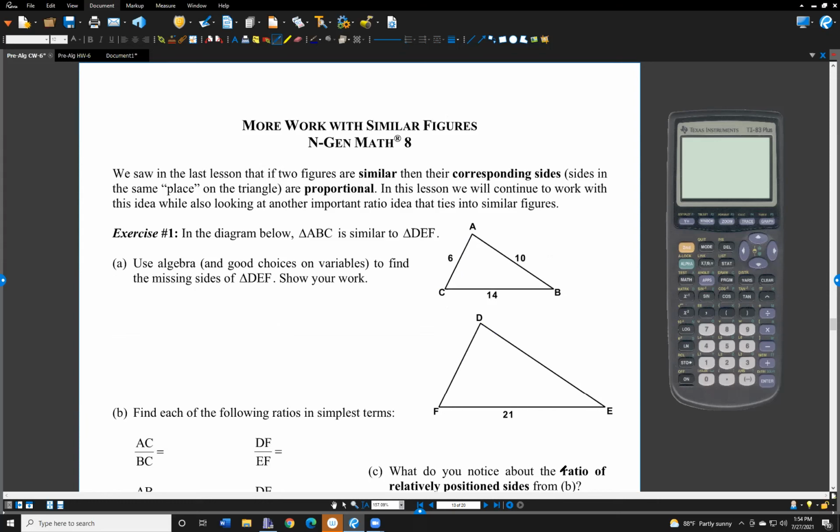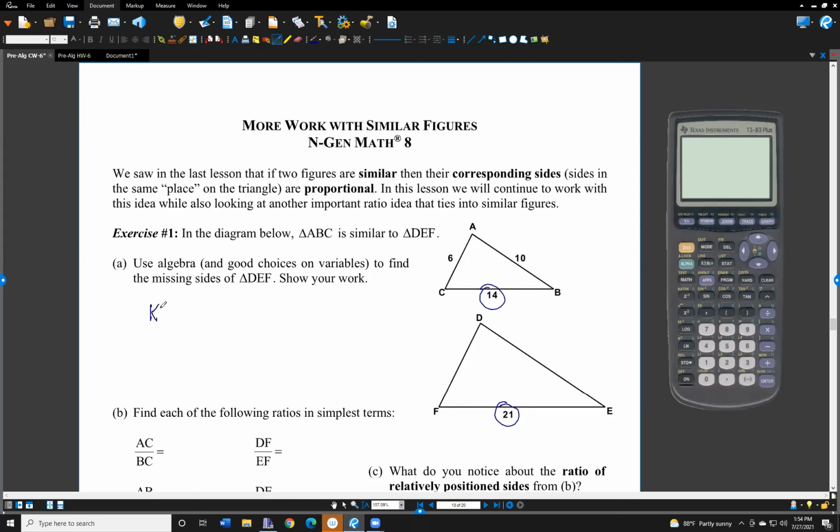The first one, just find the corresponding side, because they are similar, right? From these two corresponding sides, I know that. What is the scale factor? New one over old one, okay?